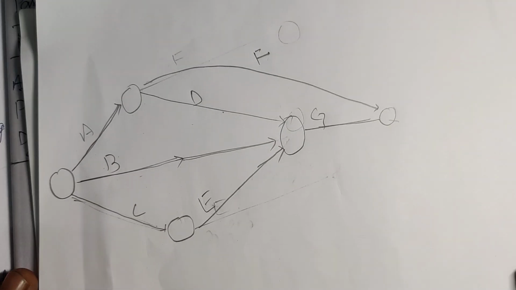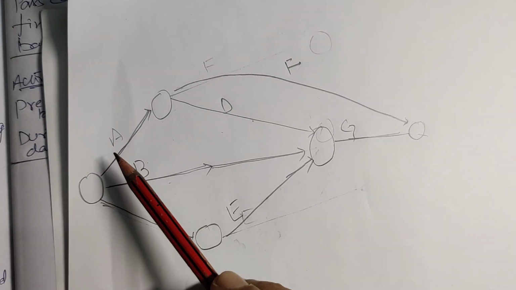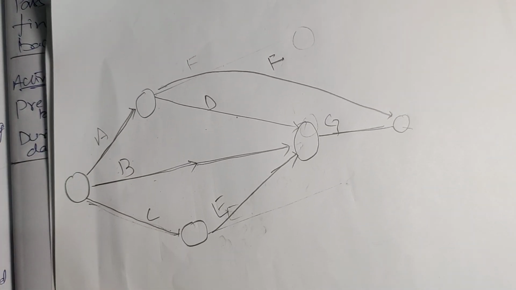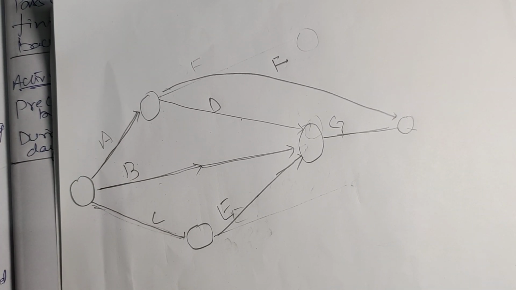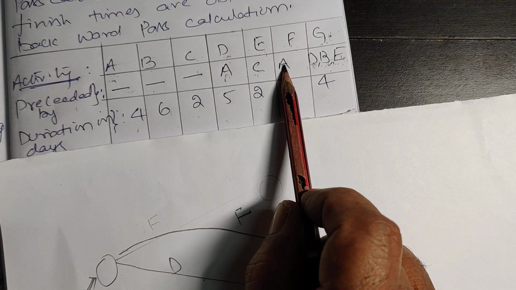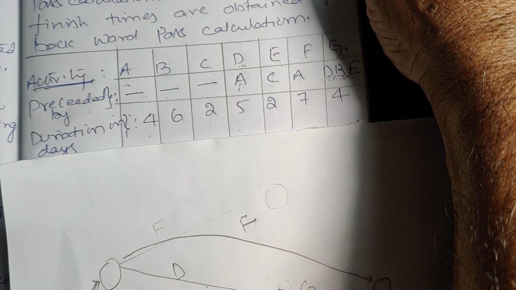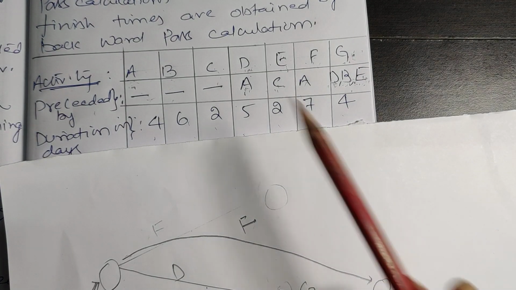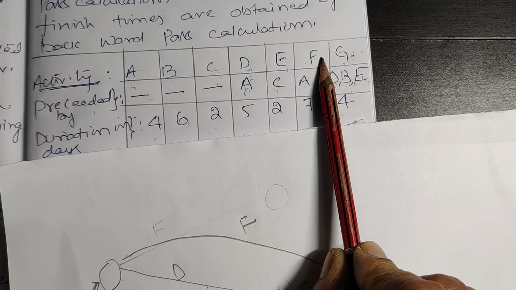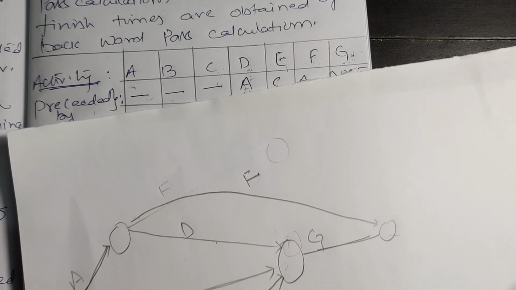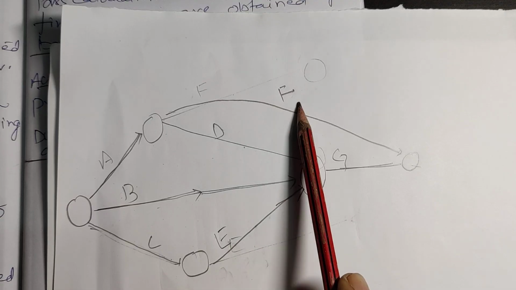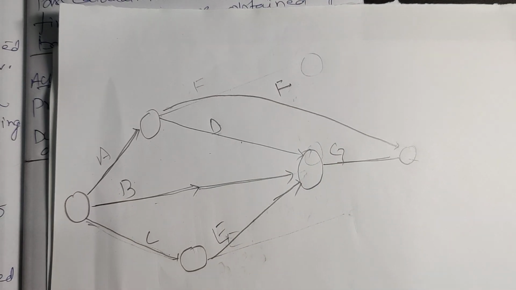So the project is started with three independent activities A, B, C. When activity A is completed, we can start two activities D and F. Therefore, when activity A is completed, two activities D and F are started.